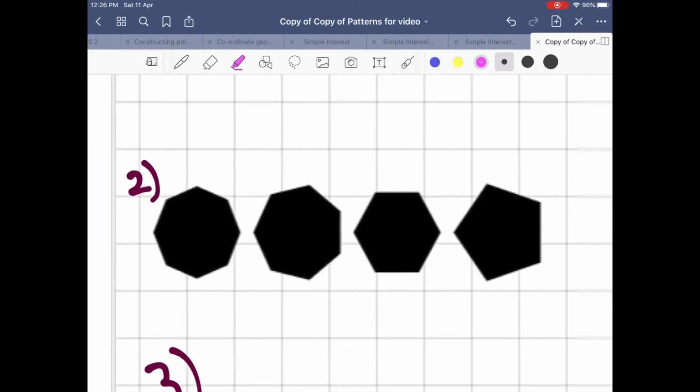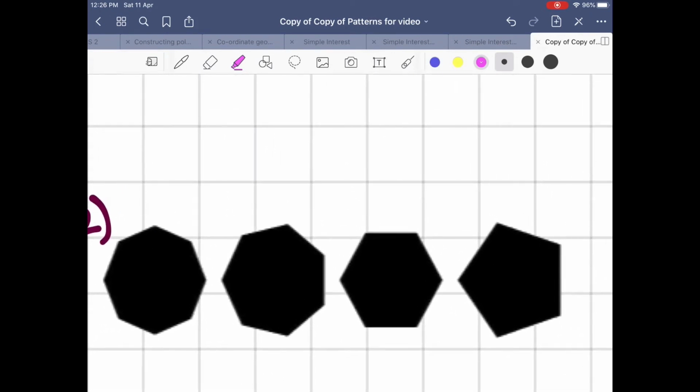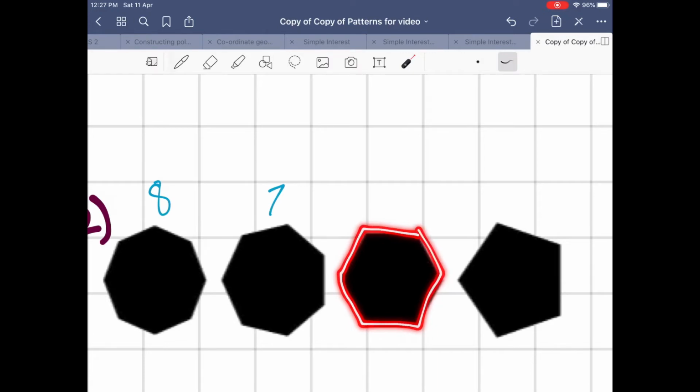So here we have polygons. So let's count the number of sides. 1, 2, 3, 4, 5, 6, 7, 8. Then we have 1, 2, 3, 4, 5, 6, 7. 1, 2, 3, 4, 5, 6.